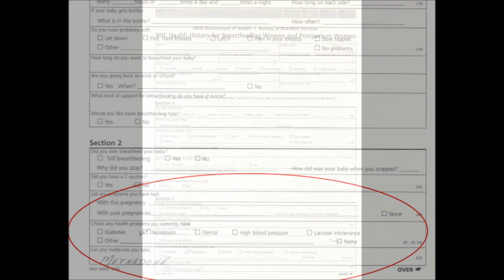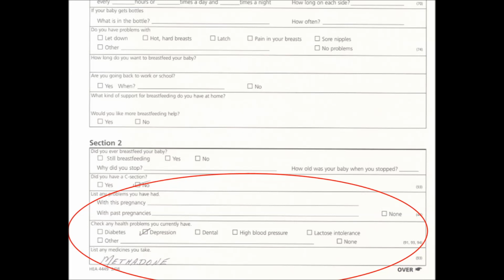On the Ohio WIC Health History for Breastfeeding in Postpartum Women, there are 4 places where mom can enter information that directly states her baby was exposed to drugs or alcohol in utero. On the front of the health history, there is a space for the mother to enter any medicines she takes.